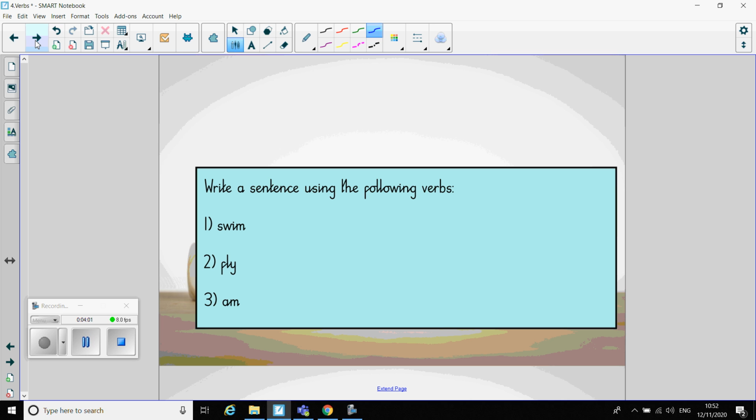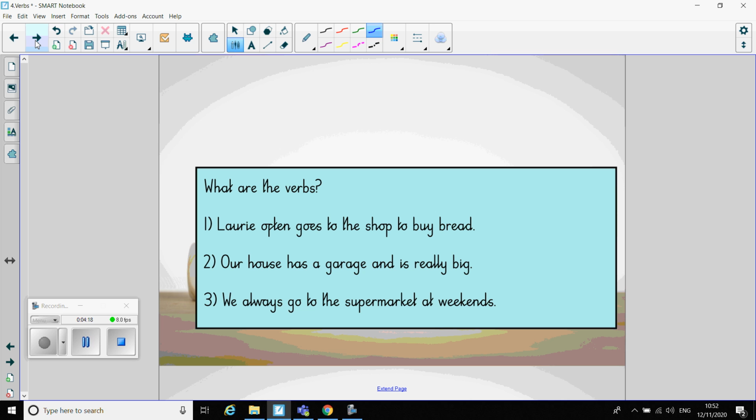That would work. It's quite tricky to do without changing the verb itself, without changing it to flies, or it's quite hard to do actually. And number 3, I am a teacher. So just examples that you could have had there.